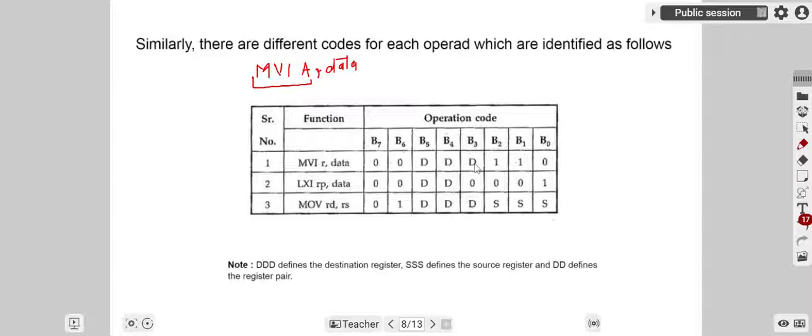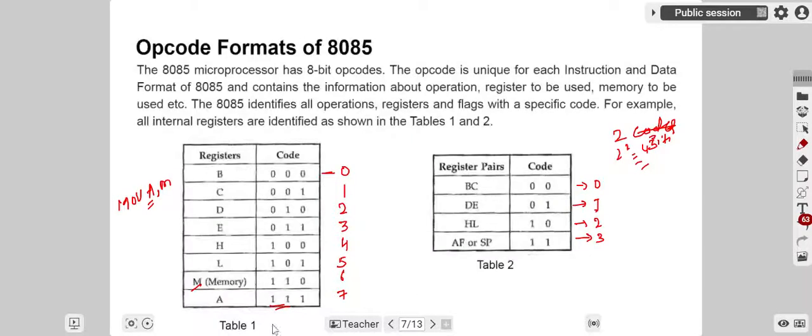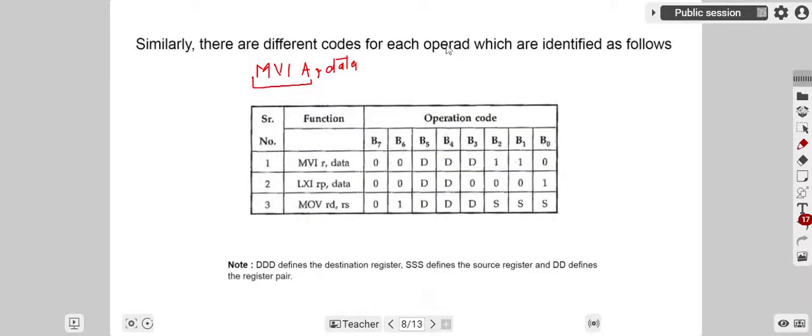This DDD means destination register. What is the code for A? Code for A is 111. So it becomes 00 111 110. 110 is for immediate data.